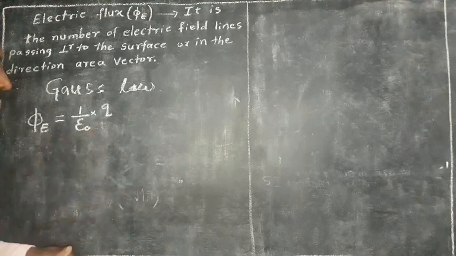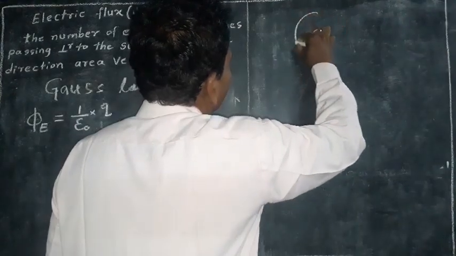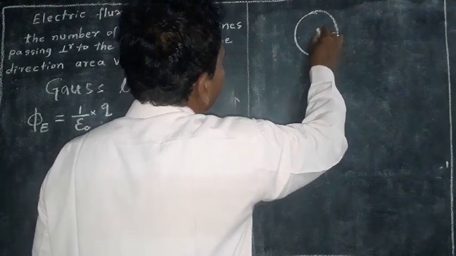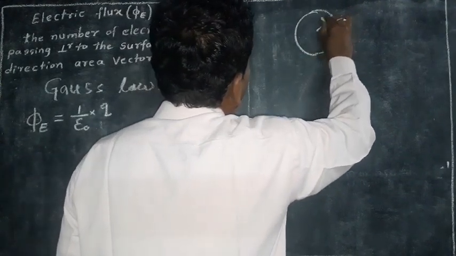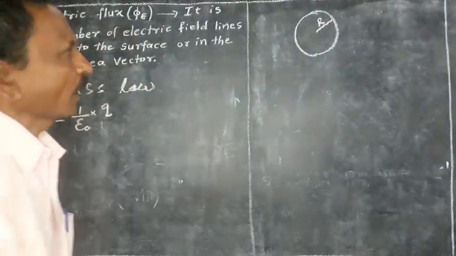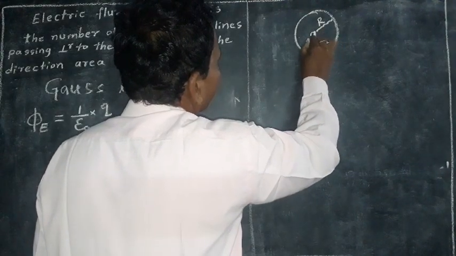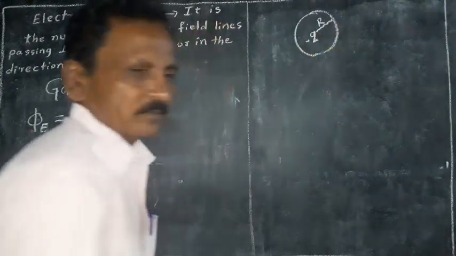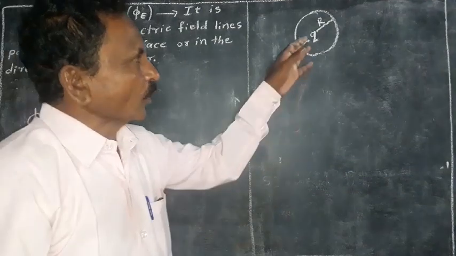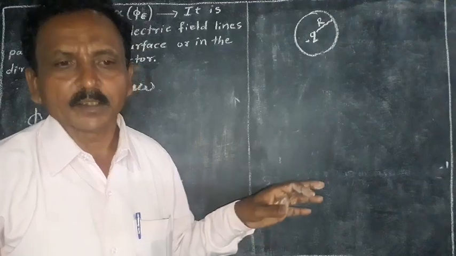And to prove this, consider a sphere of radius r. Let r be the radius of the sphere and it encloses plus q charge at its center. Then we know that for a positive charge, the field lines are directed away from the charge.